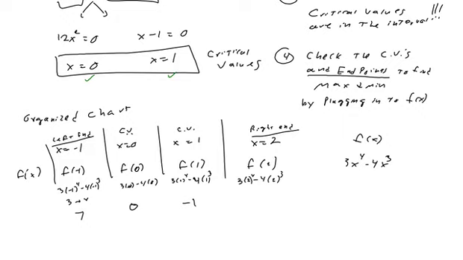Let's see, 2 to the fourth is 16. 16 times 3 is 48. 48 minus, let's see, 2 cubed is 8. 8 times 4 is 32. So minus 32. 48 minus 32 would be 16, right? 16. All right.